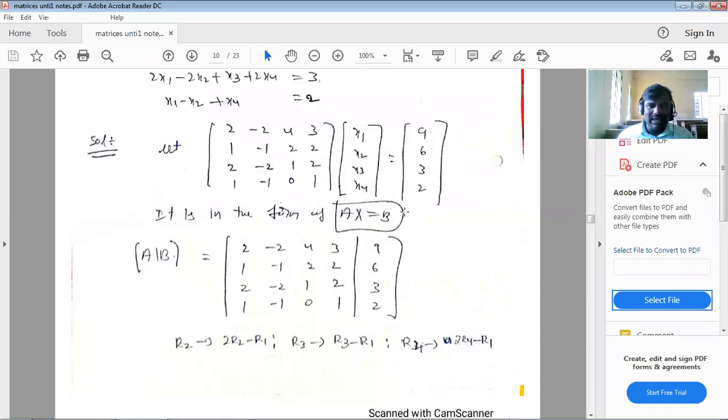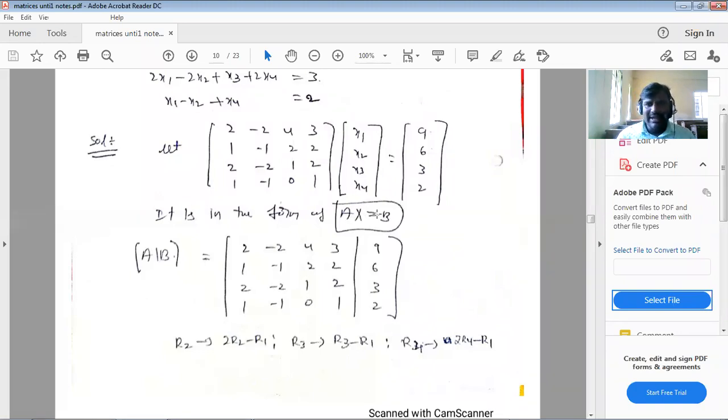Before that, see here, you find the solutions of x satisfying Ax equals b. What are the vectors of x transformed into the b vector, that you are finding.